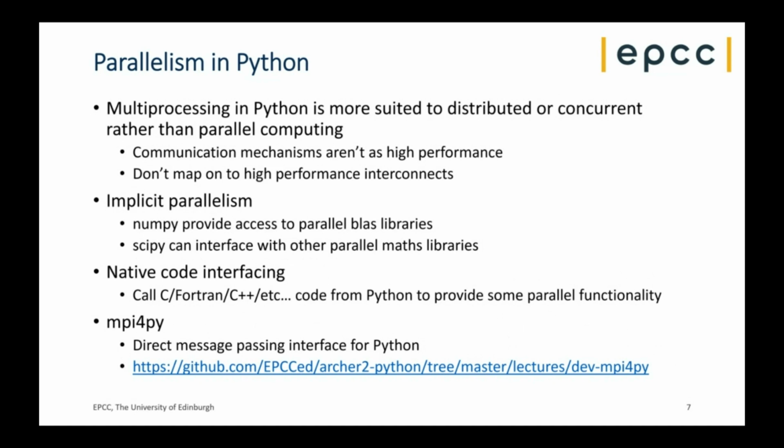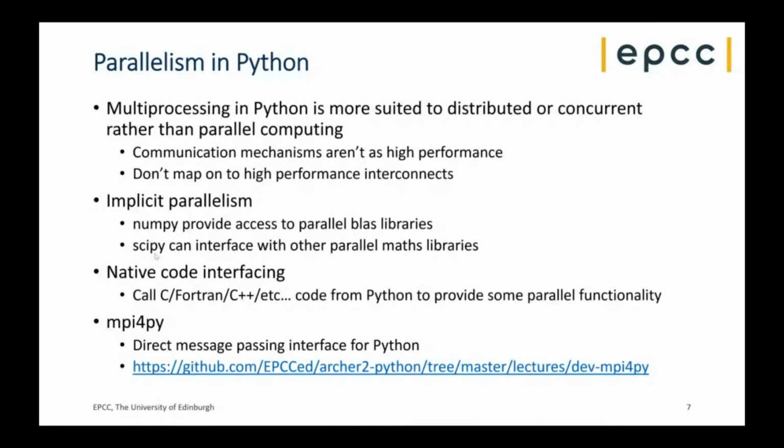So you're more than welcome to do those kind of parallelizations in Python, but they're not generally going to give you high performance. There are other ways to get parallelism in Python, and if you were on the Python course we did last week, you'll have seen some of these. Some of the libraries you can call from Python, NumPy and SciPy particularly, will call down to lower level libraries like Cray libsci, which do some parallelism themselves, do some of this shared memory parallelism to increase the performance of something like a matrix operation, matrix vector operation, these kind of large computational things.